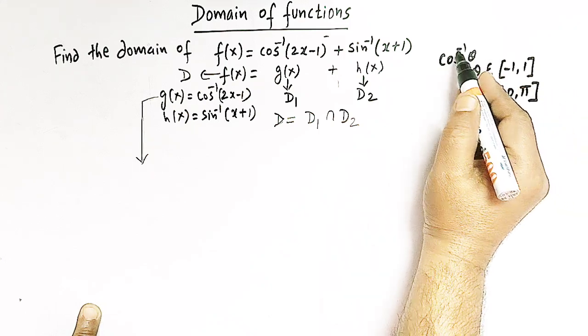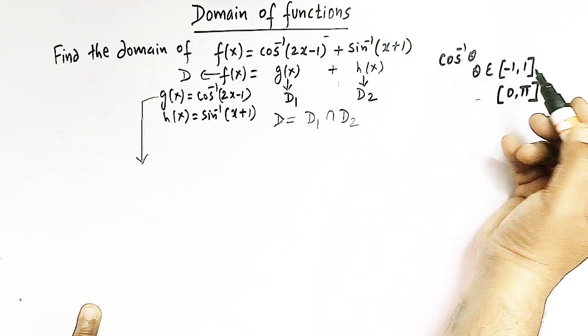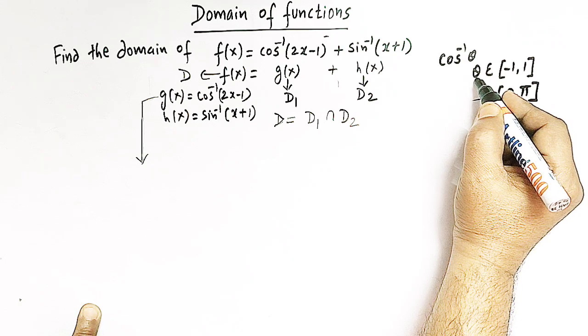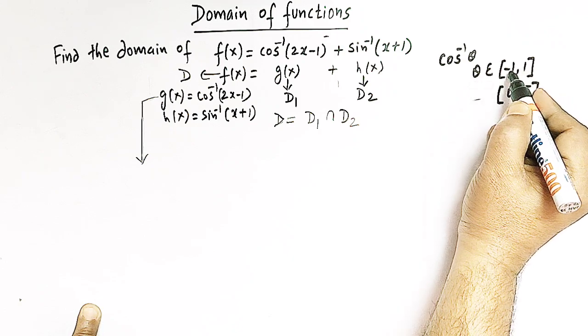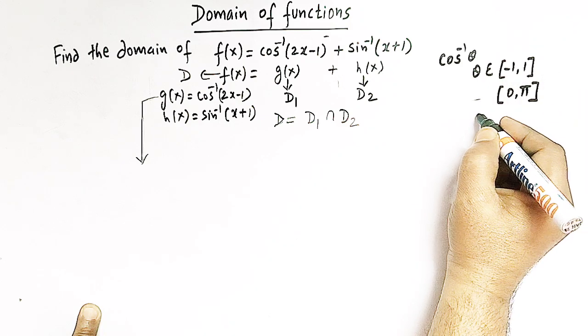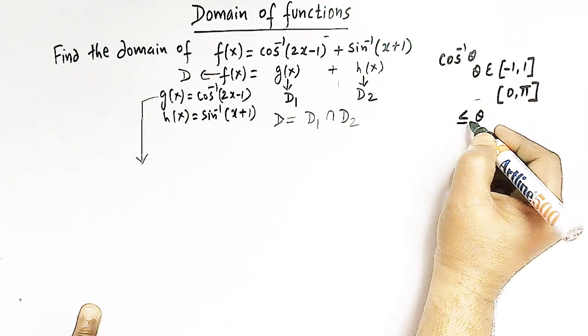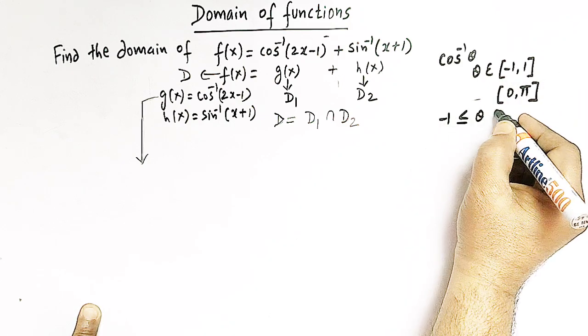So cos inverse theta is defined for all values of theta lying between minus 1 and 1, including minus 1 and 1. So we can also write theta is greater than or equal to minus 1 but less than or equal to 1.